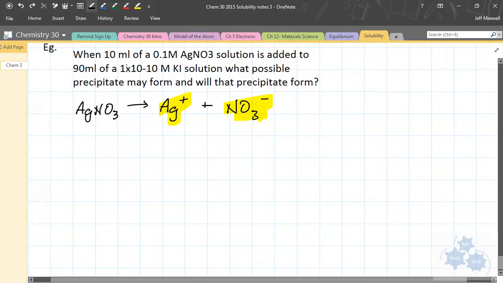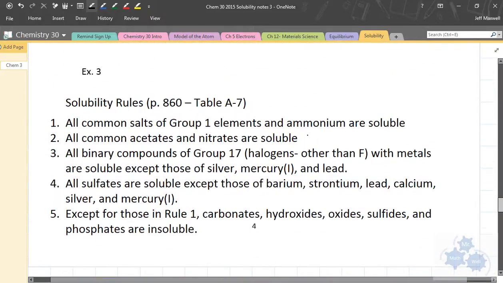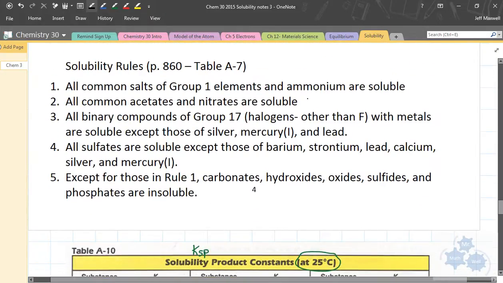But the other thing we need to look at is KI, potassium iodide. Now, is potassium iodide fairly soluble? Like, will it dissolve or dissociate pretty easily? This is where you look back to your rules, and you have that visual chart there too, but halogens, so an iodide is a group 17 halogen. All binary compounds of group 17 with metals are soluble, except for silver, mercury, and lead.